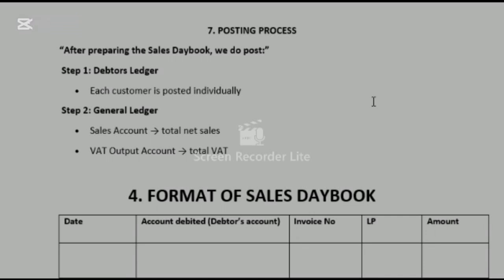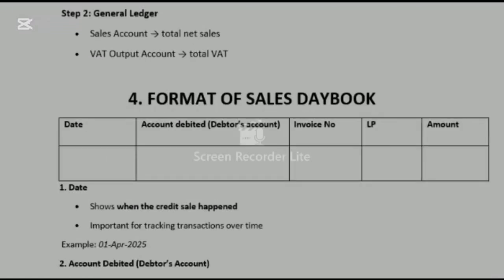Instead, we are differentiated, so each one has their own credit and an obligation to pay it. Then you record in the general ledger, where we transfer to the sales account the total net sales and to the VAT output account.